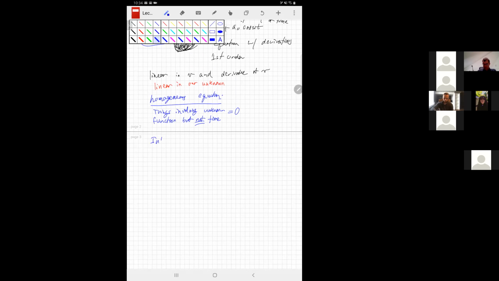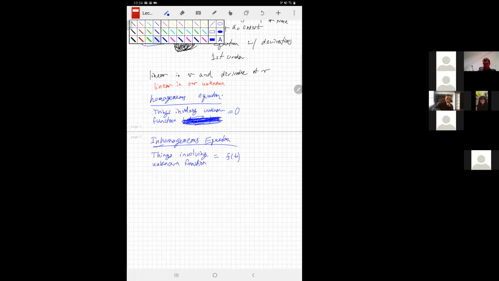And then an inhomogeneous equation could be written as things involving the unknown function equals some function of time. And actually, I'm going to leave this out because that's not always true. We have an inhomogeneous equation here.